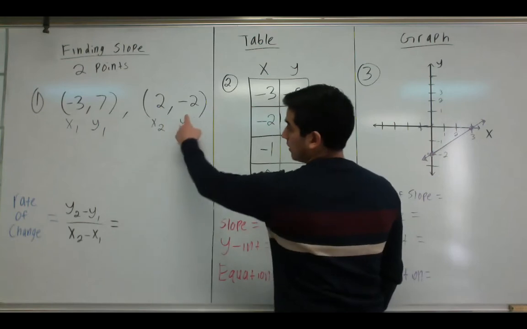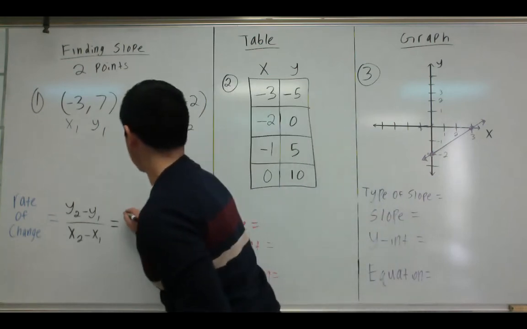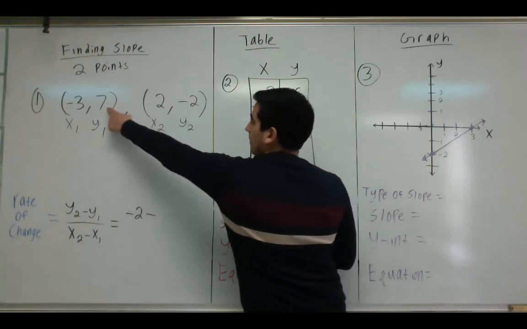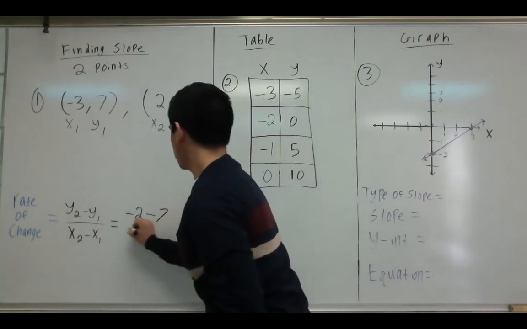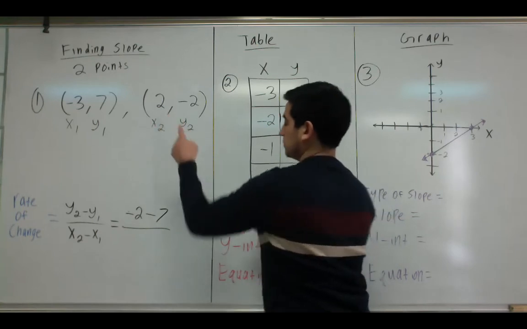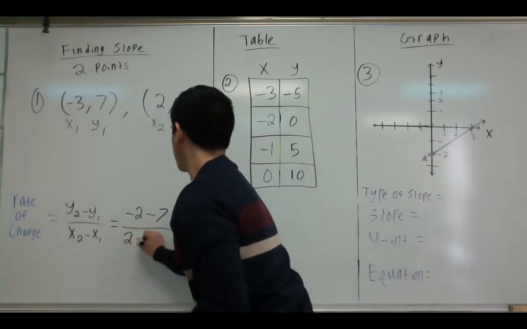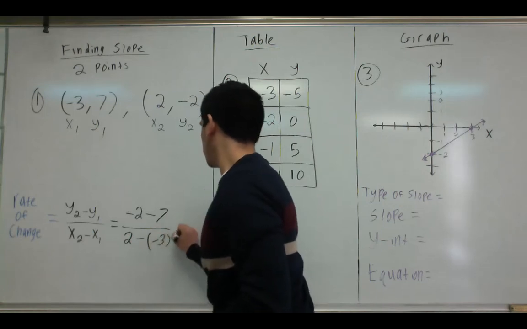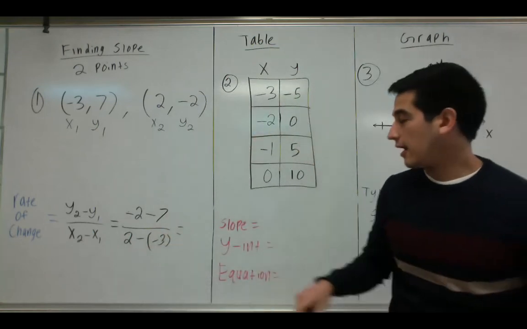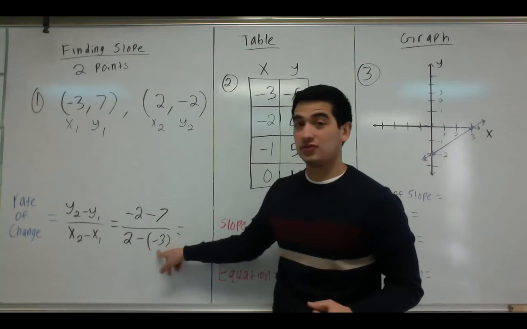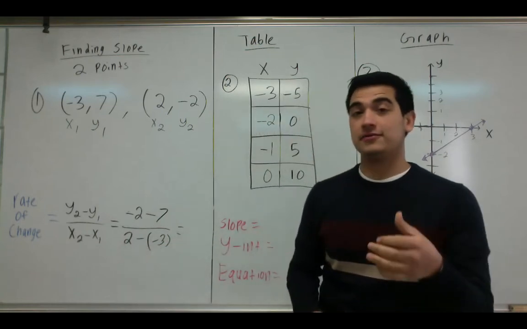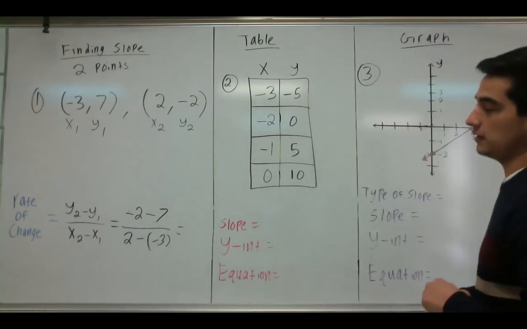So my y2 is -2, so I write -2 minus y1, which is 7, over x2, which is 2, minus x1, which is -3. Okay, y'all see how I did that last one? I put minus -3, not just 2 minus 3, minus a -3. It makes a difference, okay? It's going to throw off your whole answer if you don't do that.